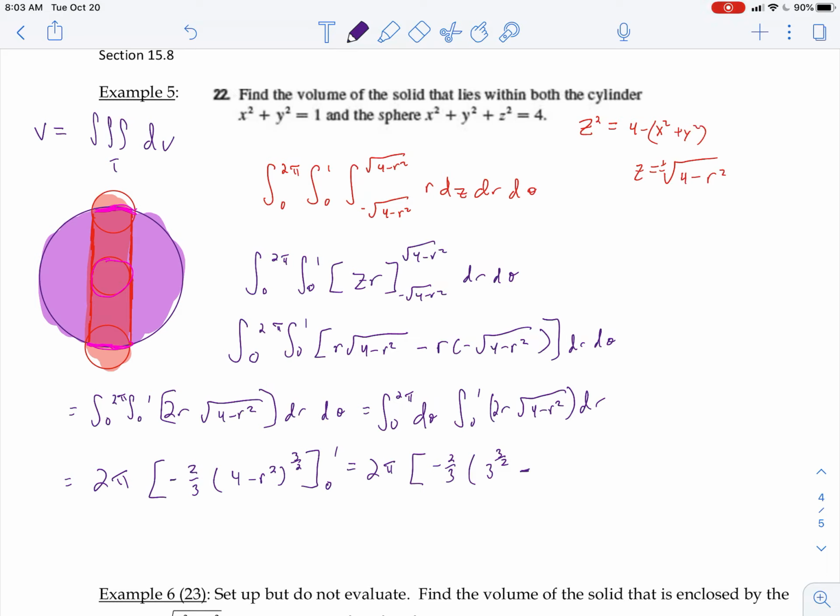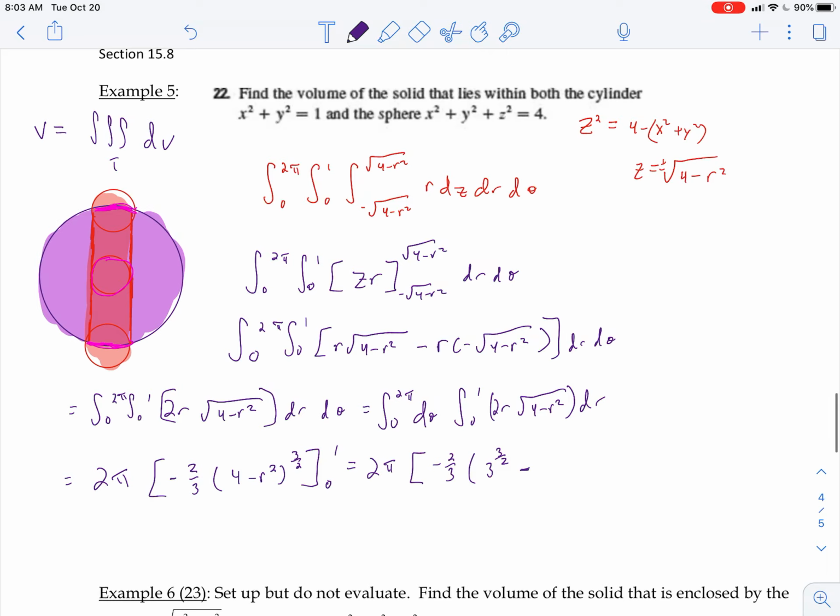And then minus, plug in the next one, we're going to plug in 0, that's going to be 4 squared, 16, and no, just take the square root of 4, which is 2. 2 cubed is 8. I don't know why that was difficult to do in my head.